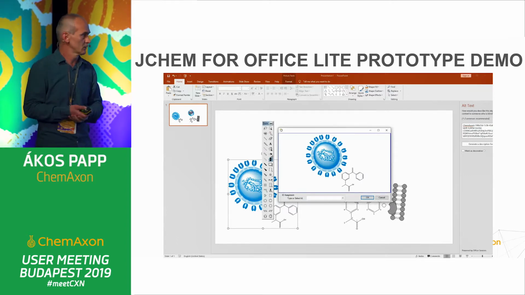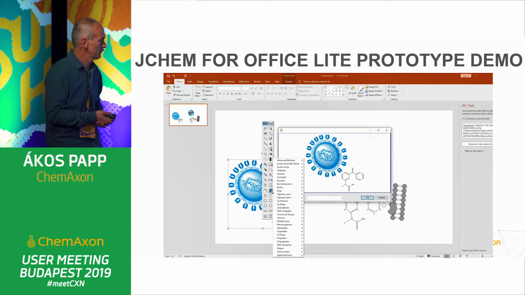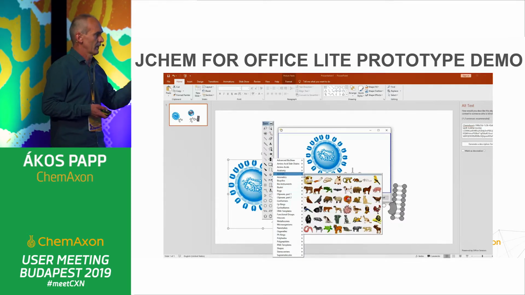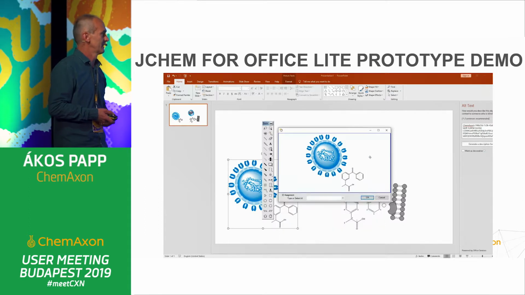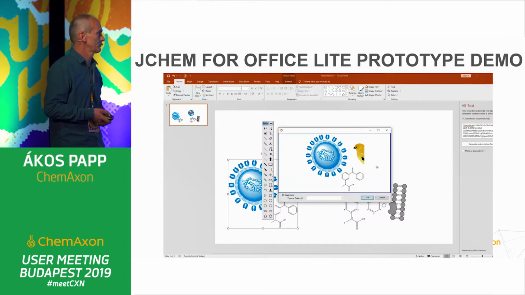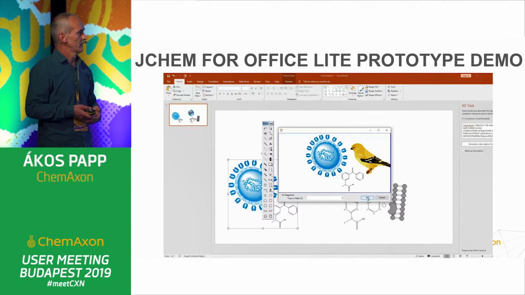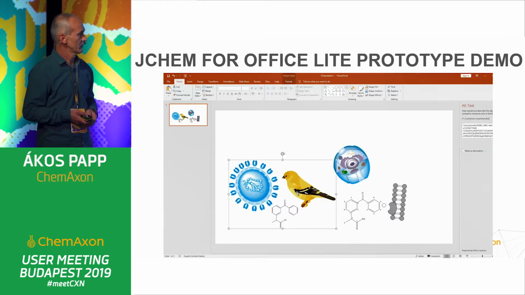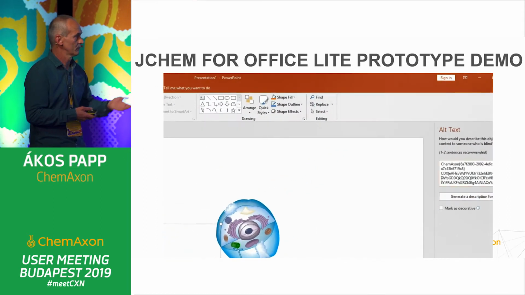If I double click, then of course it opens ChemDraw. This is my desktop editor, most appropriate for this. And when I change it, again I add something which is a specific ChemDraw feature. From that point, this becomes CDX because it was created by ChemDraw.